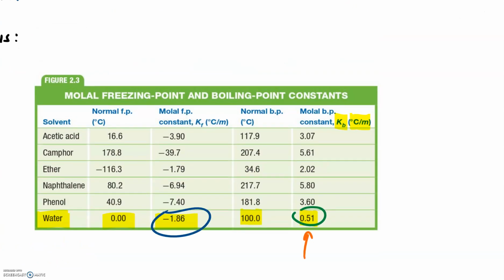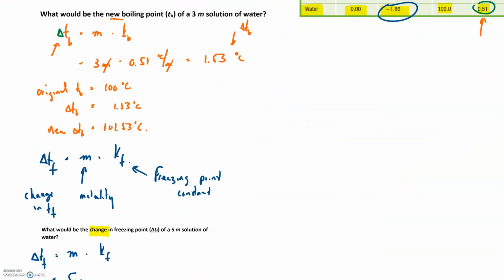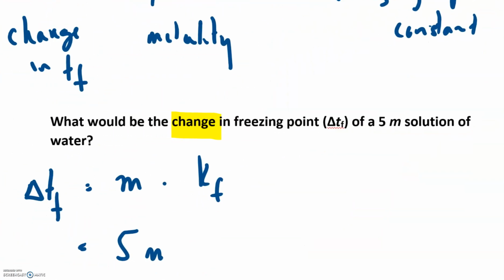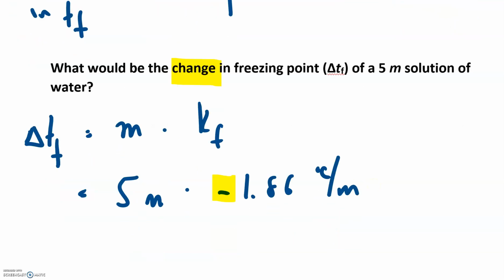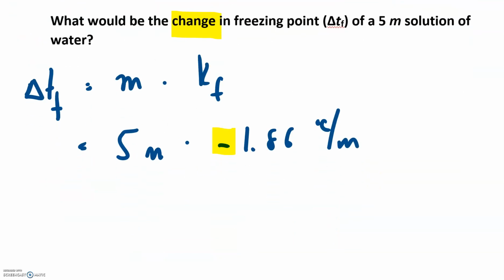Right there, negative 1.86 degrees Celsius per molal. So we'll plug it right in here, times negative 1.86 degrees Celsius per molal. Notice it's negative because it is lowering the freezing point. It is making the freezing point lower than it would normally be. So let's make sure that our delta is a negative number because it's decreasing.